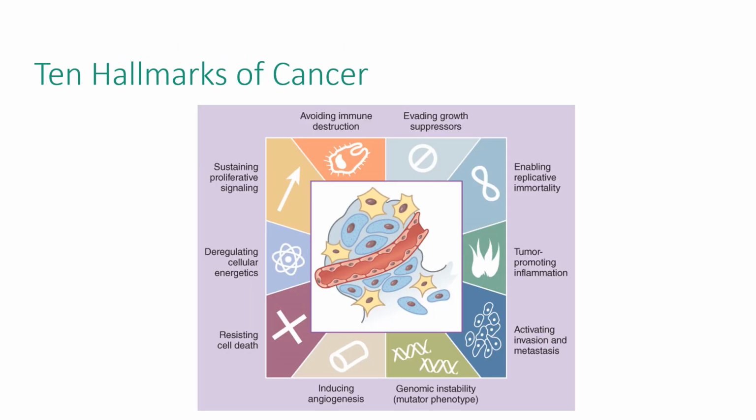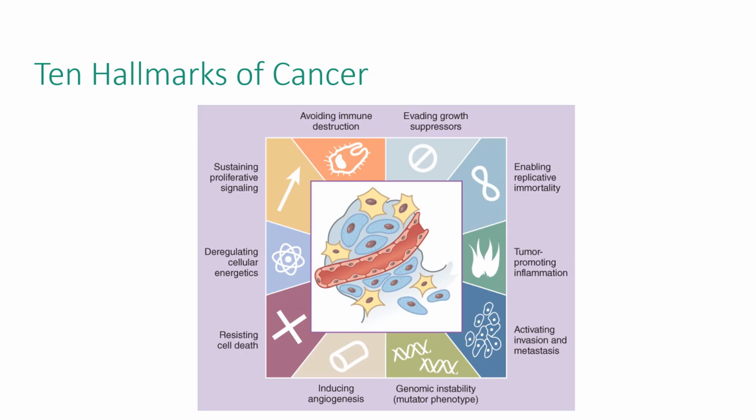This diagram looks intimidating, but it's really just a summary of everything we've already talked about. Each hallmark represents a survival advantage gained by tumor cells. Some highlights: sustaining proliferative signaling, which is oncogenes. Evading growth suppressors, that's our tumor suppressor loss. Resisting cell death is defective apoptosis.